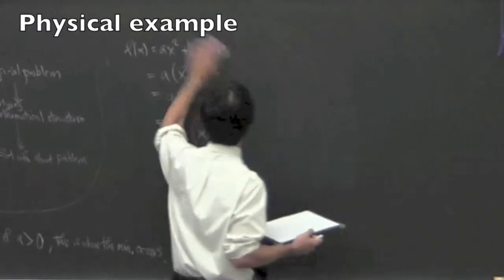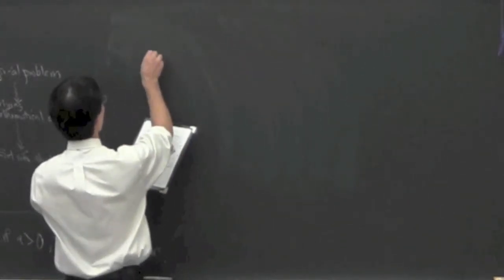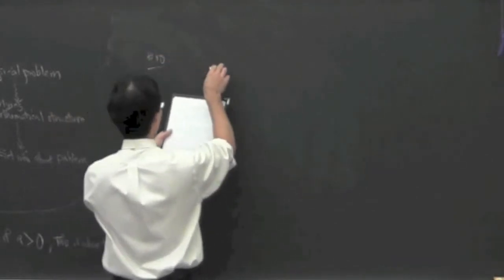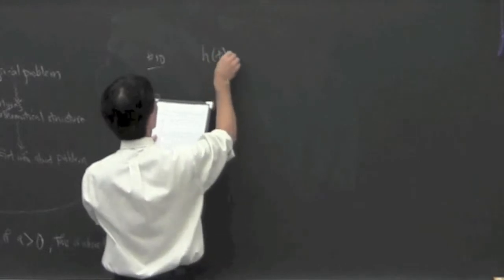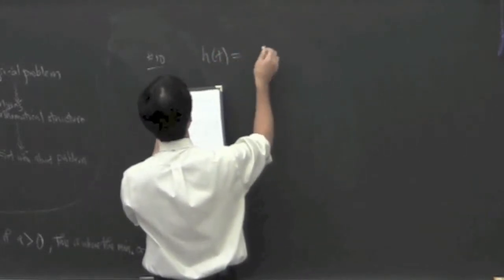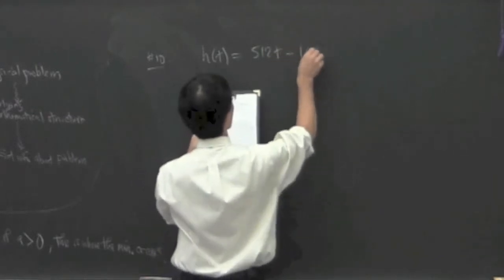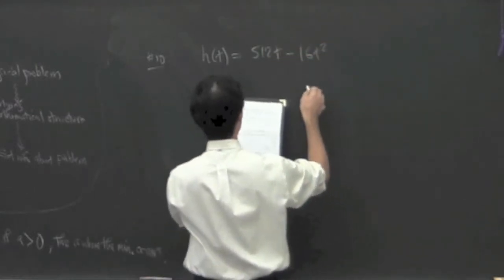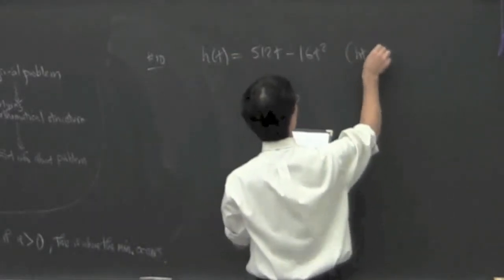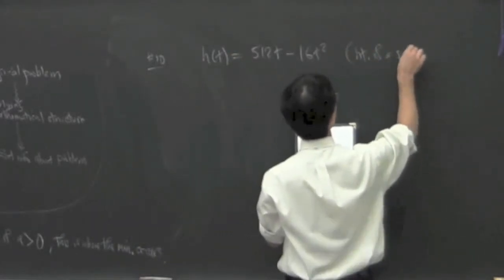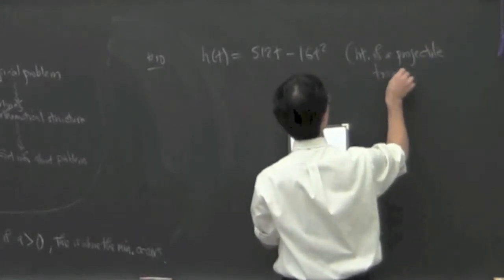Okay, so let's do a simple example. This is number 10 from the homework. You have h of t equals 512t minus 16t squared, and this is actually the height of a projectile tossed into the air.